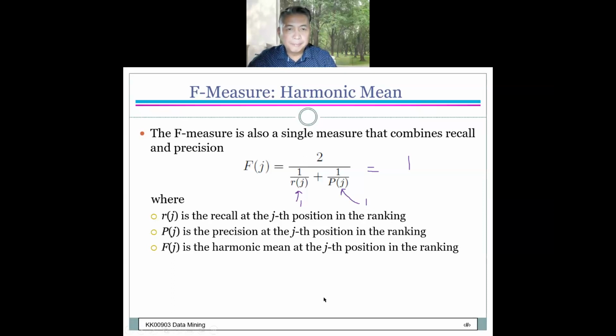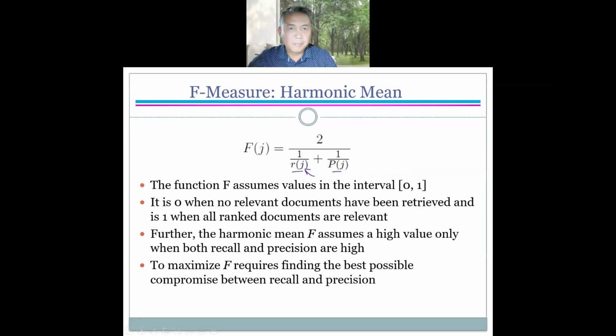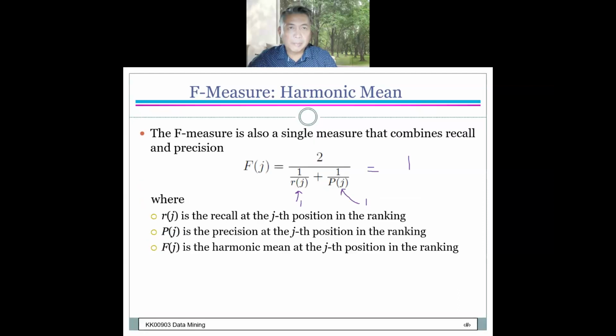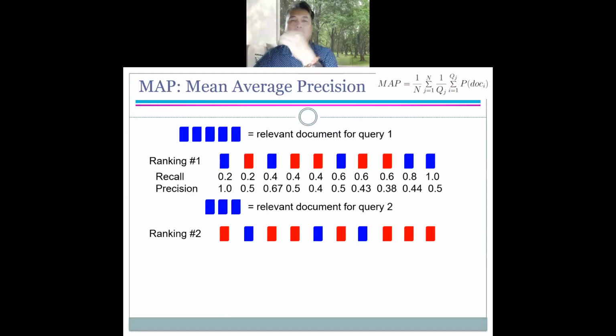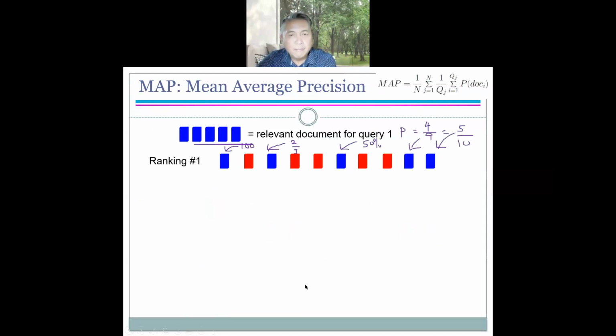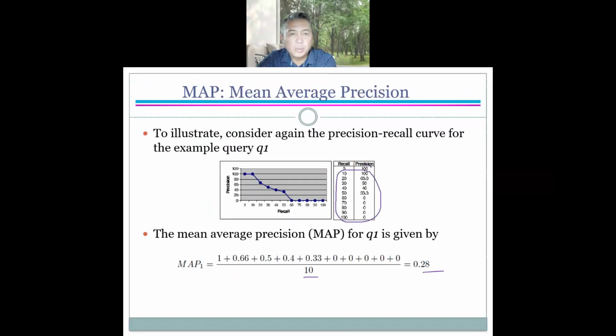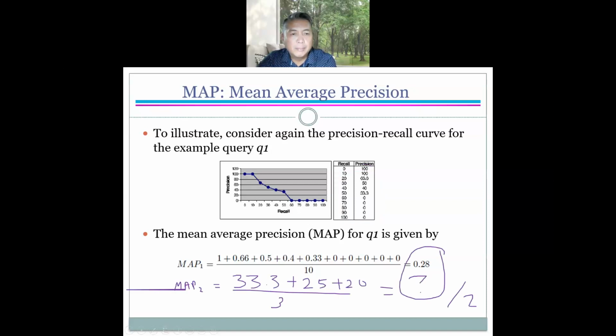So what will happen tomorrow is that we will go over one exercise on plotting the graph, and at the same time we will look at how we compute the MAP, the mean average precision, for each of the queries that you have.